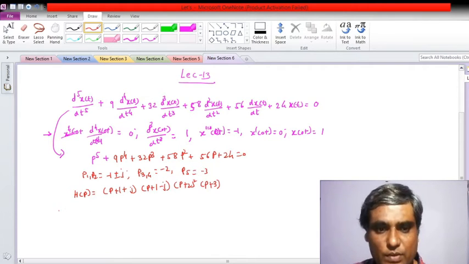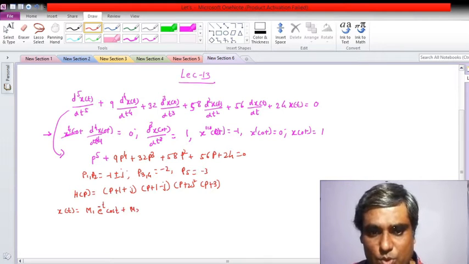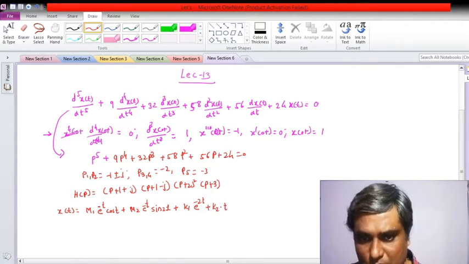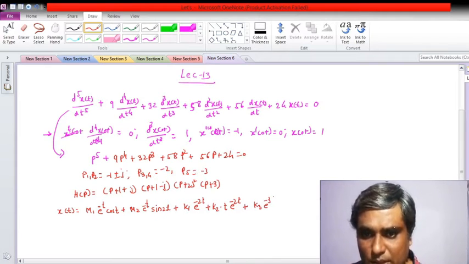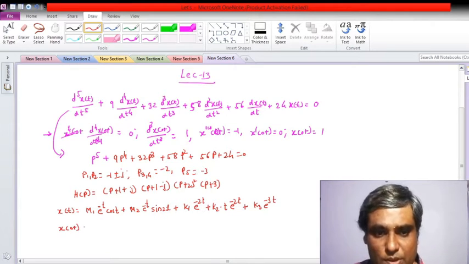Okay, and what will be the solution? x of t will be m1 e raised to minus t cos t plus m2 e raised to minus t sin t plus k1 e raised to minus 2t plus k2 into t e raised to minus 2t plus k3 e raised to minus 3t, right?